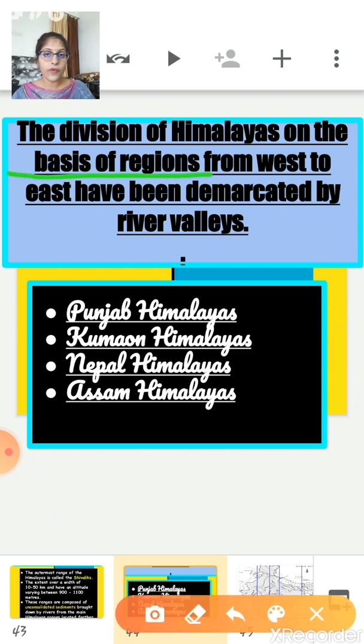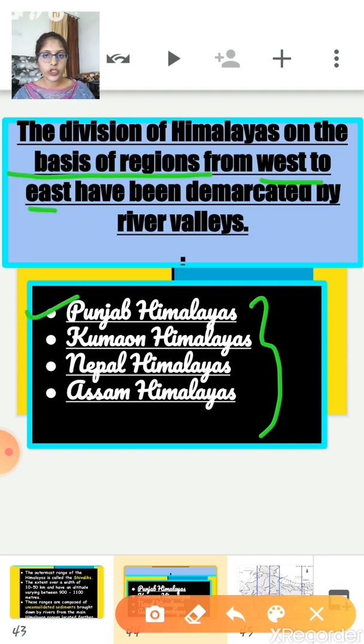Okay, now the next one is, again, Himalaya is also divided on the basis of region from west to east. Basically this division of Himalaya has been done on the basis of rivers flowing in the Himalayan region. So here is the division of the Himalayas from west to east based on the region.